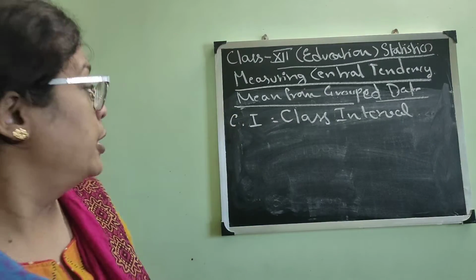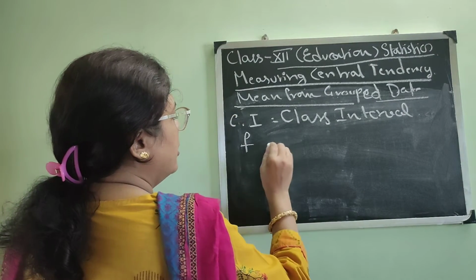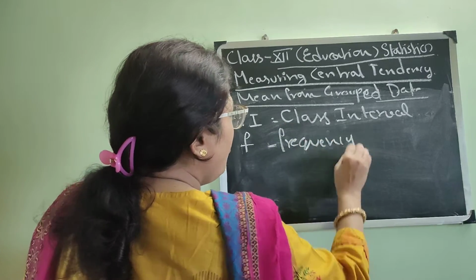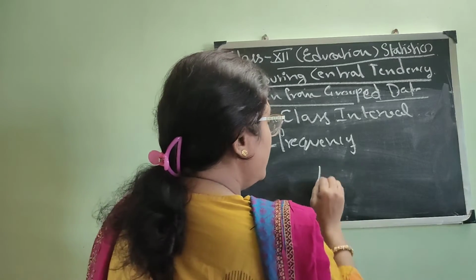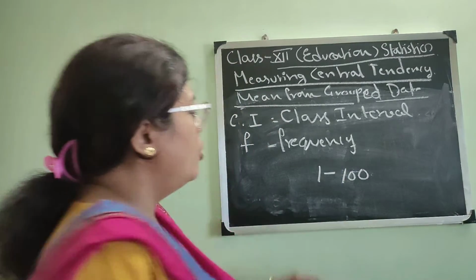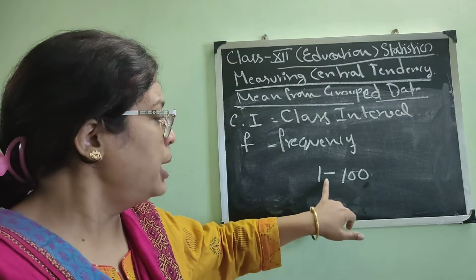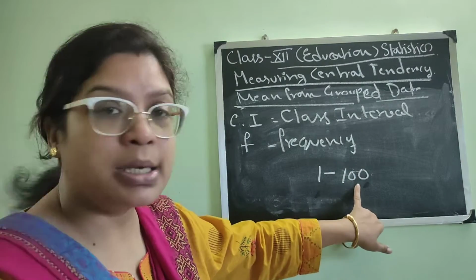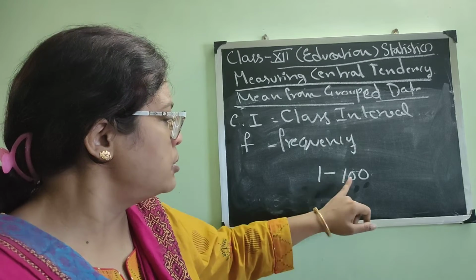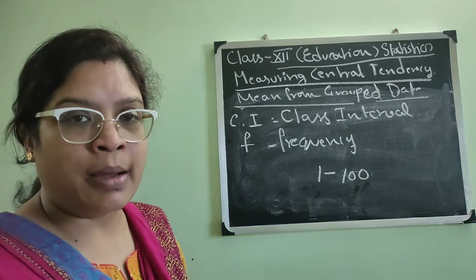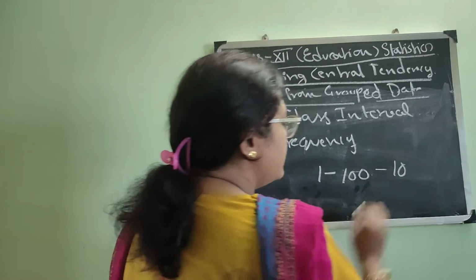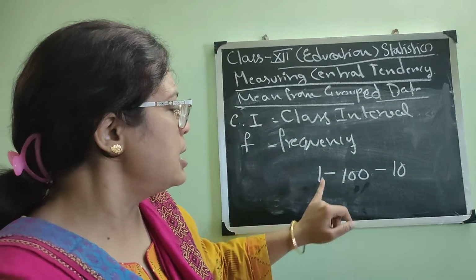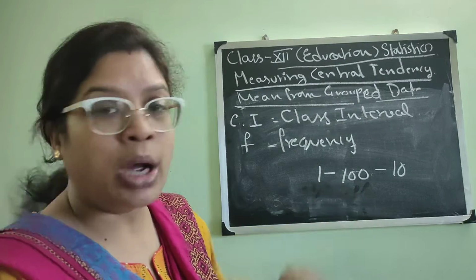Now next is F, or frequency. Now what is frequency? Suppose 1 to 100. Suppose there is an examination and the lowest mark is 1 and the highest is 100. How many students are there in between these numbers? Suppose the frequency is written 10. That means 10 students have got 1 to 100.